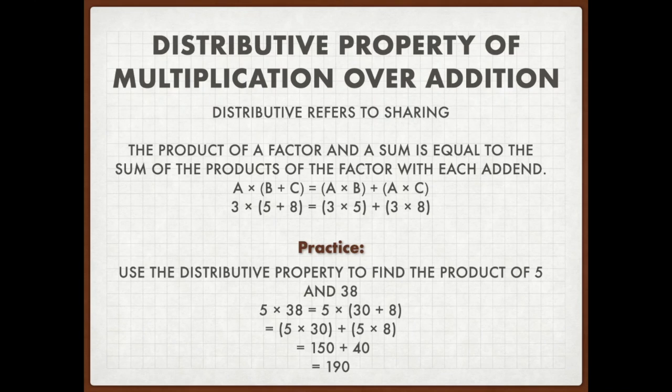Now, because it says 5 times 30 plus 8, I must say 5 times 30, put that in parentheses, plus 5 times 8. So we have to give 5 and 8 its turn. 5 times 30 is 150. 5 times 8 is 40. We add those together. That's 190.